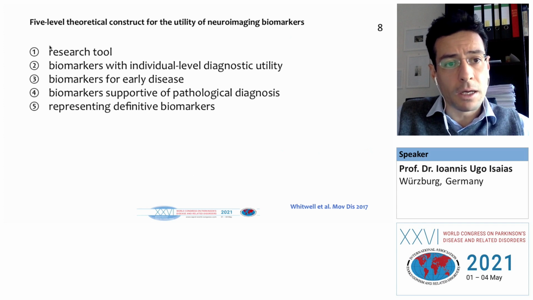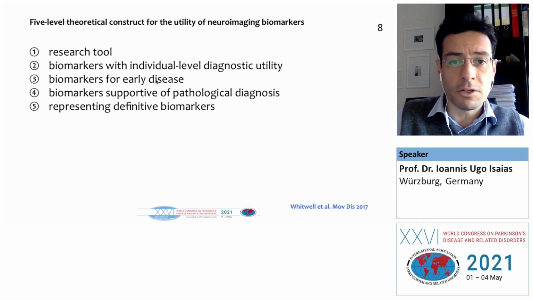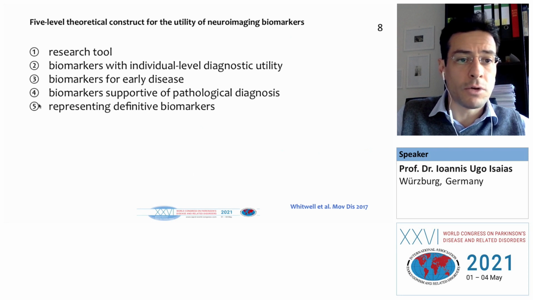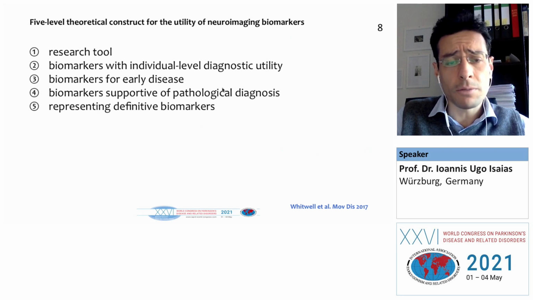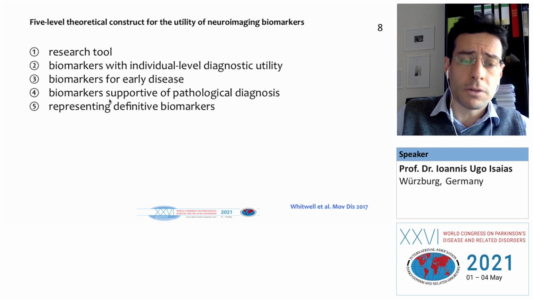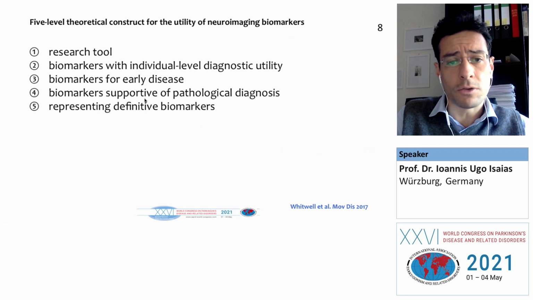So they can be just research tools, but they can be useful also to support the clinical diagnosis at an individual level. There can also be biomarkers that could be useful for early disease stages, or, and that's level 4 and level 5, they can be either supportive for pathological diagnosis or definitive biomarkers. For levels 4 and 5, in the context of Parkinsonism, we don't have any available yet.